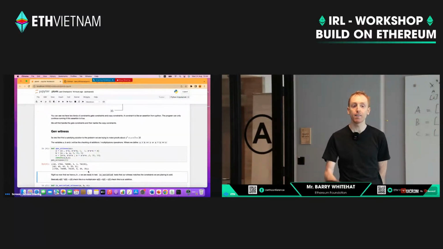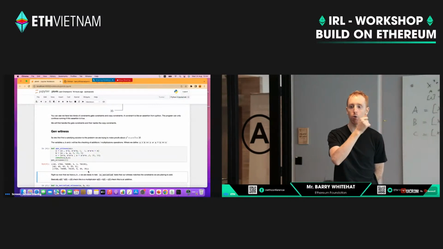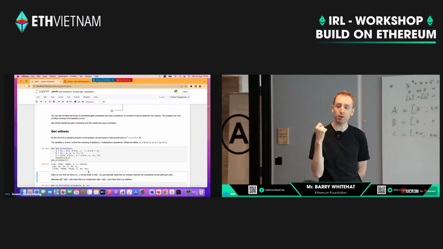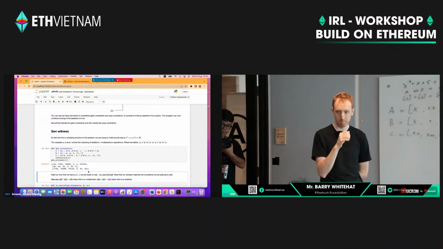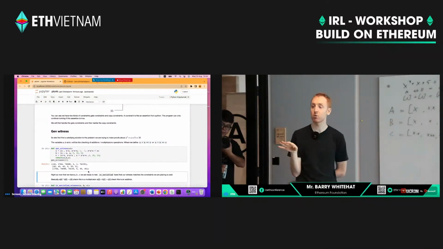Like the conversation a moment ago was about what if we mess up and we don't give all of the details in our proof? Could someone hack us? And the answer is yes. If our proof is not sound, then it's possible for people to make fake proofs. Yeah. Okay. Any other questions?